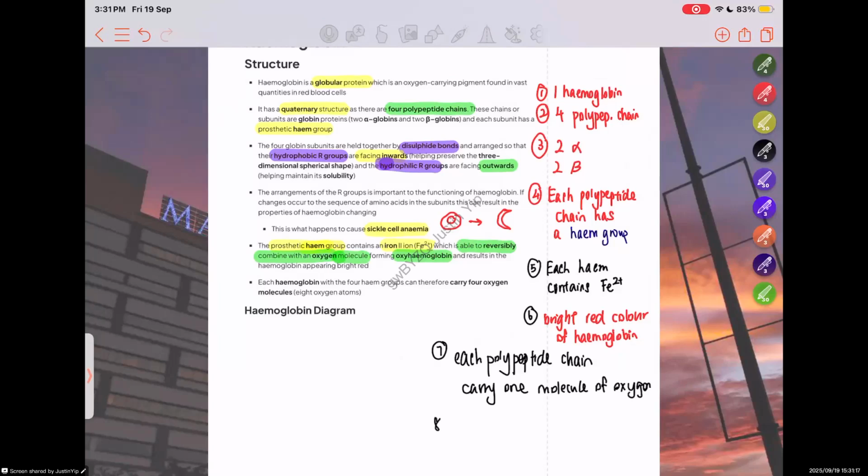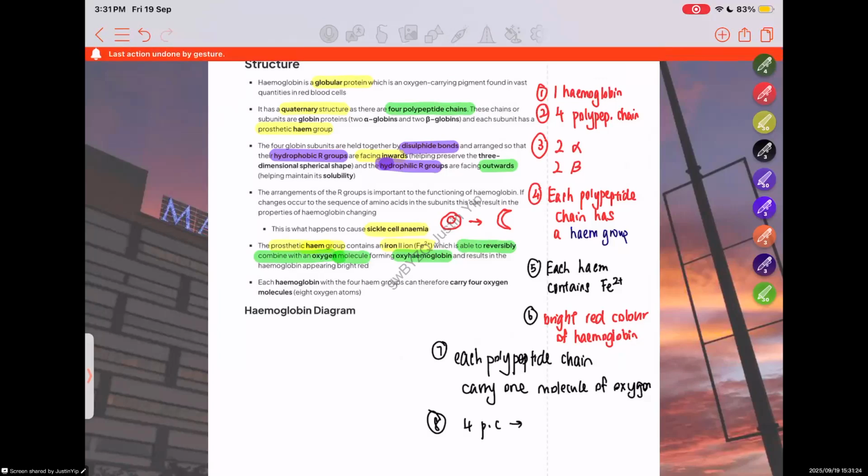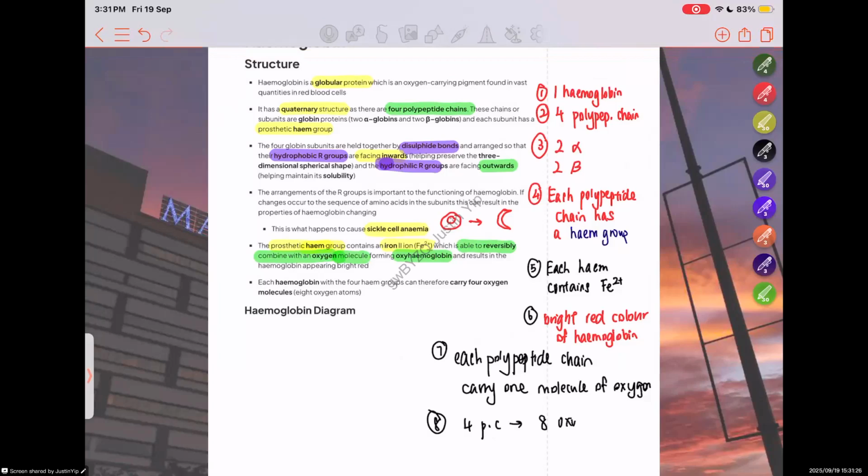So 4 polypeptide chains will carry 8 oxygen atoms or 4 oxygen molecules. So this is the whole summary for your hemoglobin.